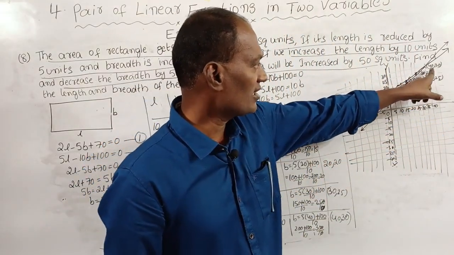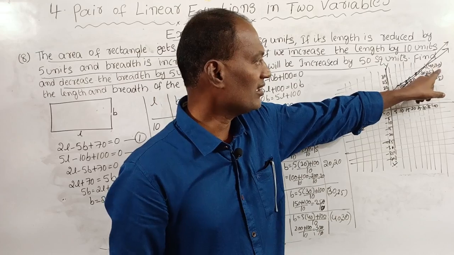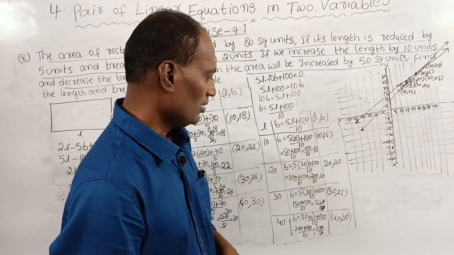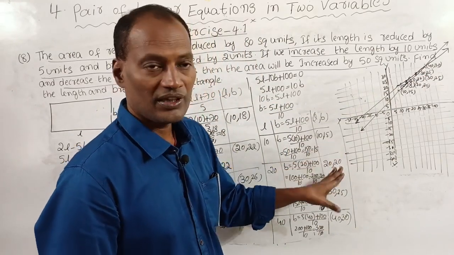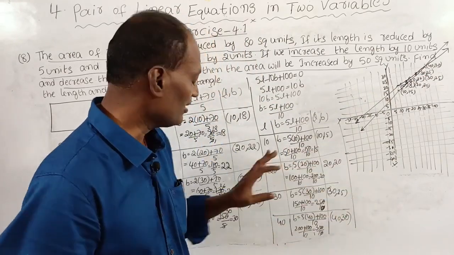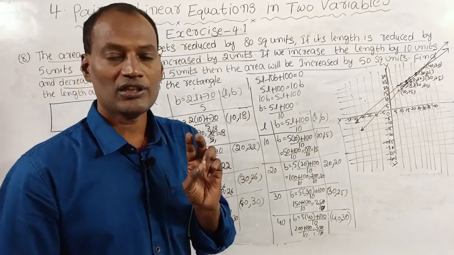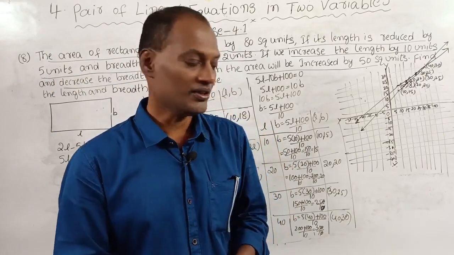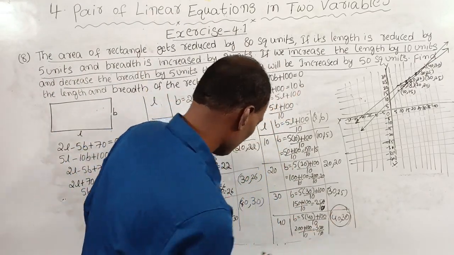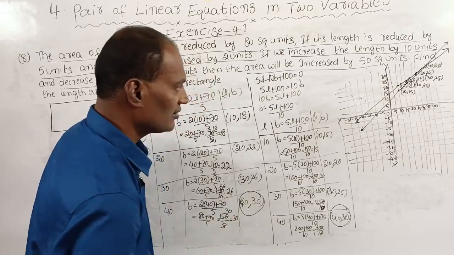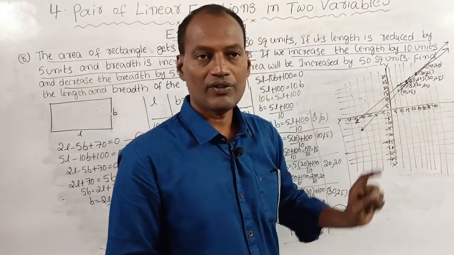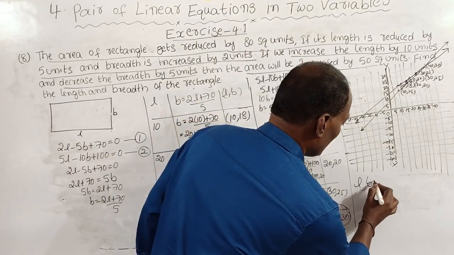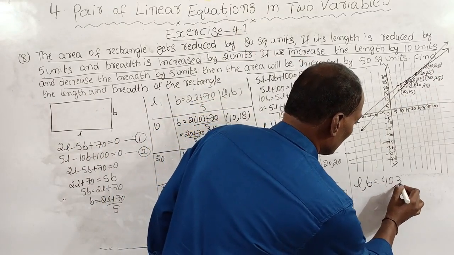See where the intersect point is. This is 40, 30, the intersect point. We can also know, after making 4 to 5 or 5 to 6 points in these equations, which two points are matching exactly, those are the solution. So here the intersecting point is 40, 30. So L, B is 40, 30.